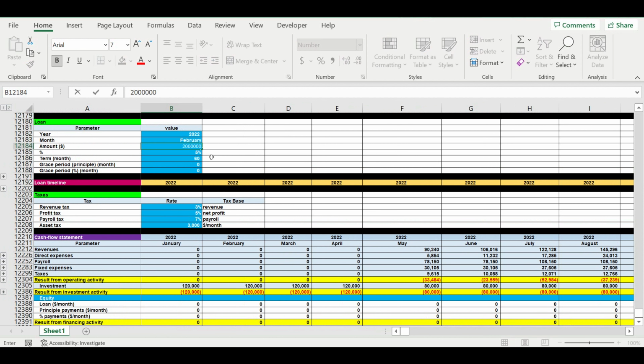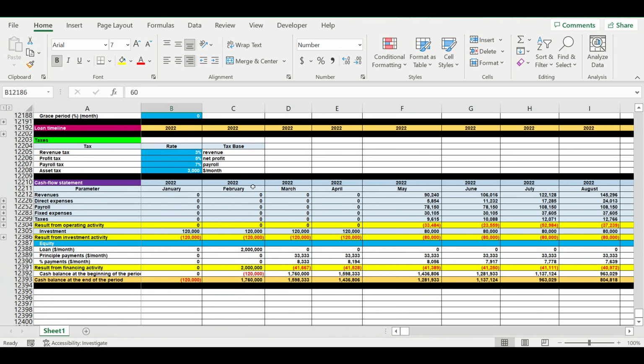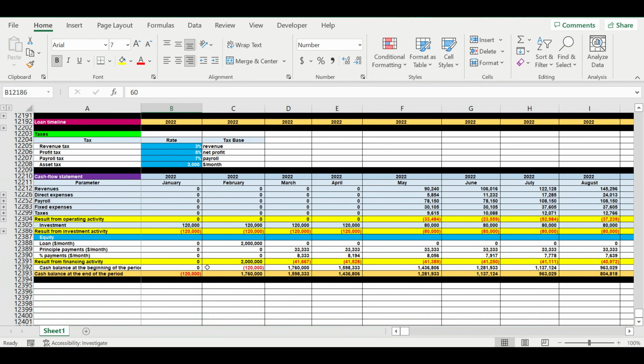This is the interest rate, this is the term of the loan. We don't have grace periods for principal payments and for interest payments. Here we need our own financing.